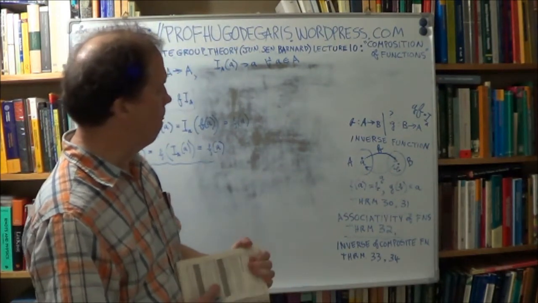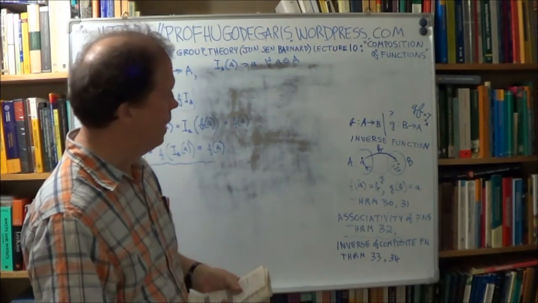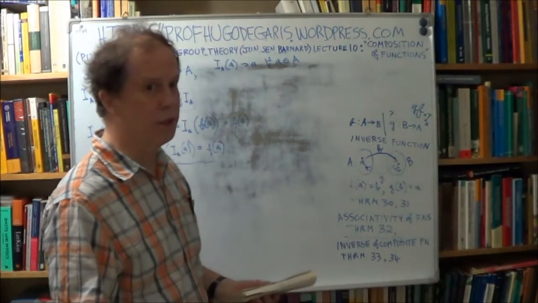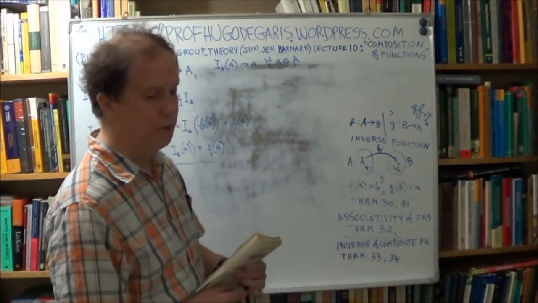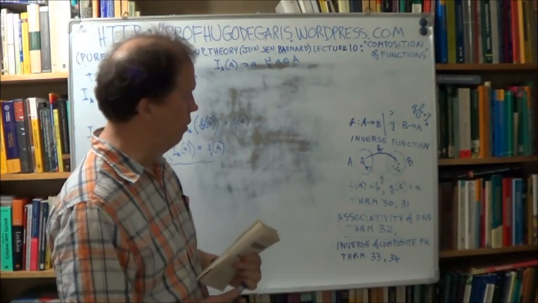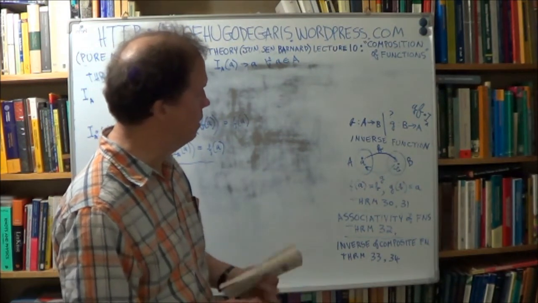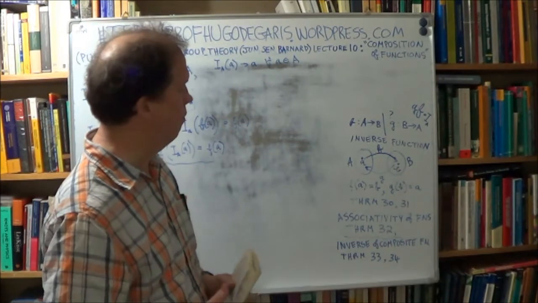Well, let's speculate. Let's say, well, we can ask, is f, say, injective, or surjective, or bijective, right? So three possibilities. Well, let's start thinking a bit.